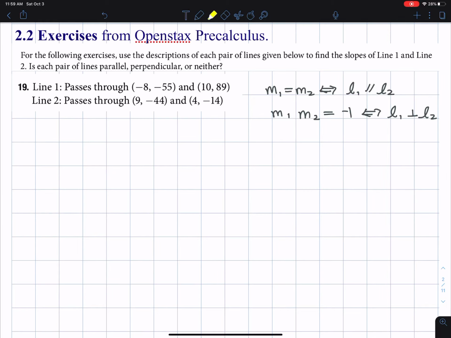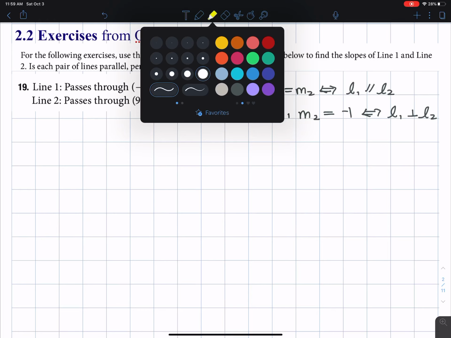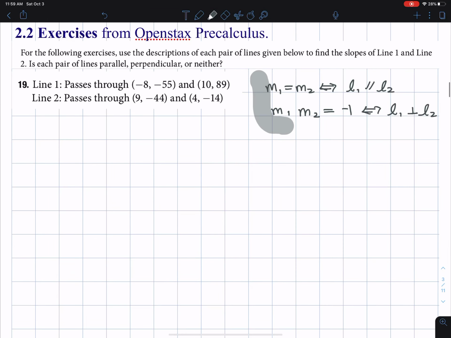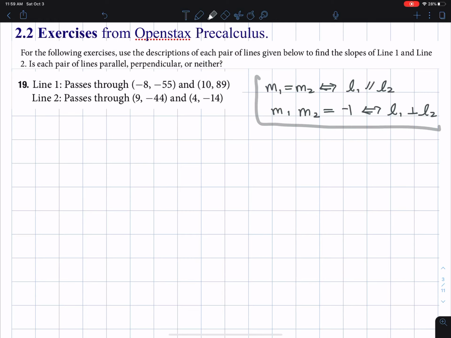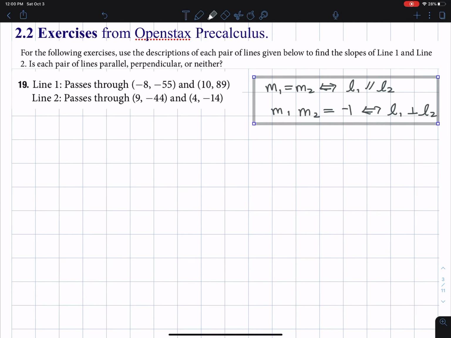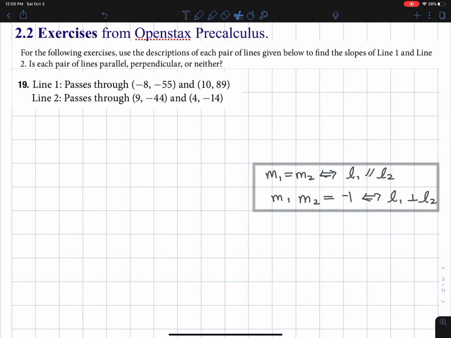The problem with what I wrote down is that it looks like some strange writing from an ancient tomb, but it's descriptive and it's short. Maybe I should add on: parallel means that M1 equals M2, and perpendicular means that M1 times M2 is equal to -1.